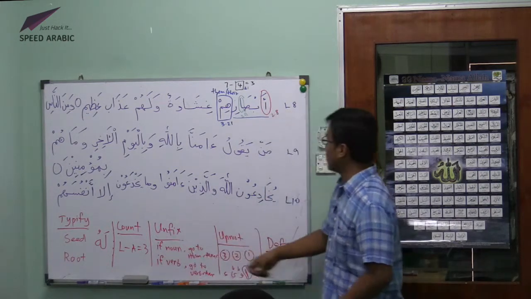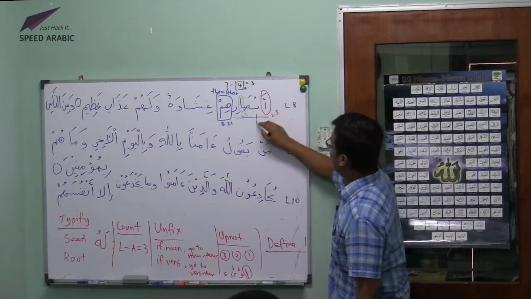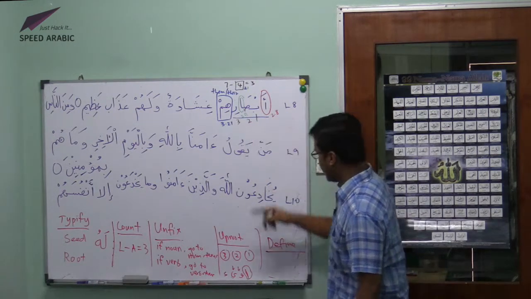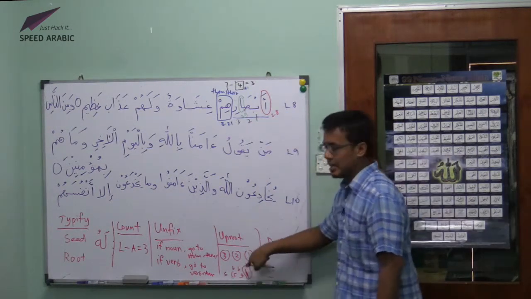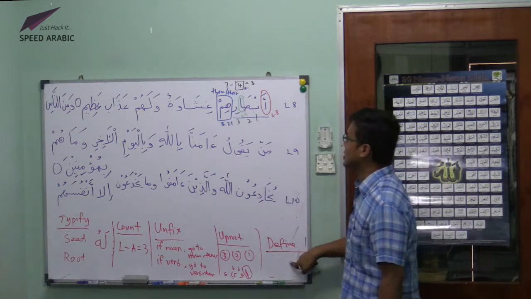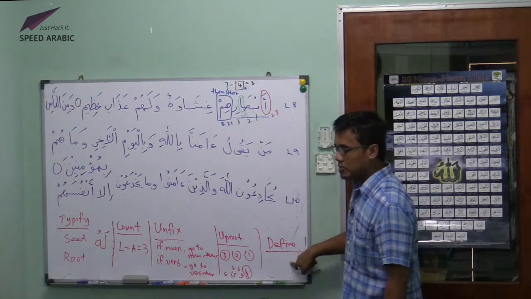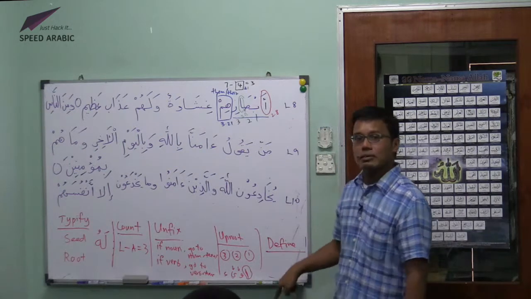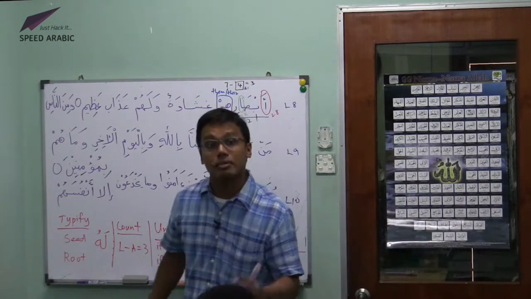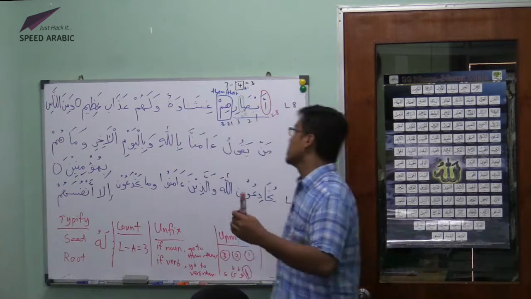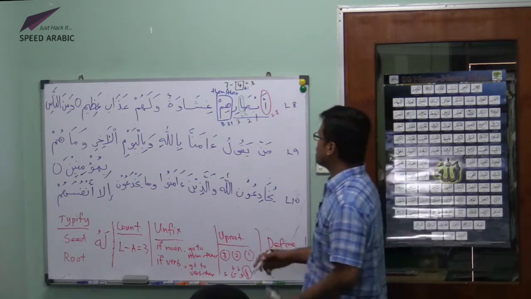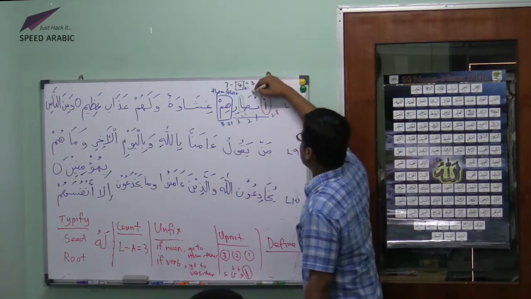After you unfix, you've got the root and you are done. 1, 2, 3, basara, and there are no ill letters. You go to the dictionary and you will see basara. Sight. So you got sight.